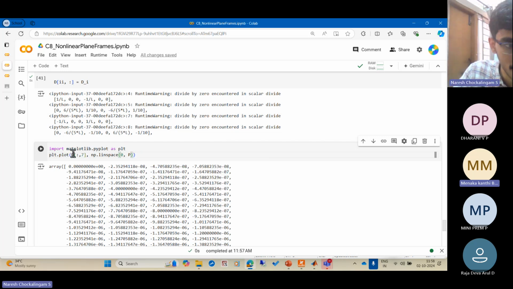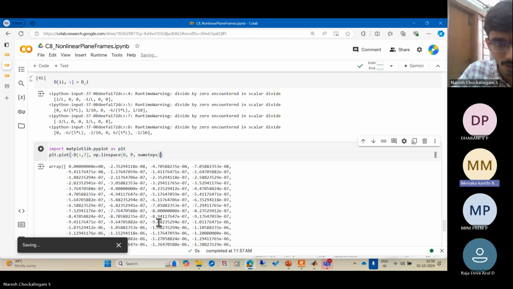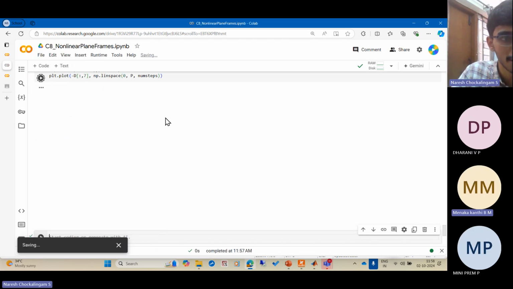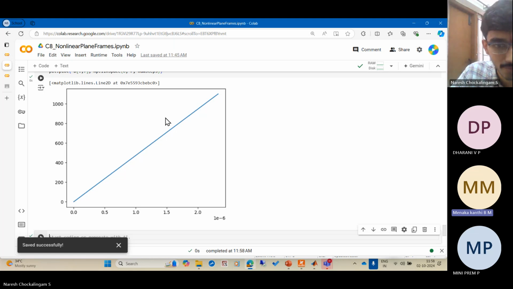So I'll do a minus so that we get along the positive direction. Minus d p, and how many steps? Num steps. Let's hope it makes sense. Okay, it looks like it's linear.